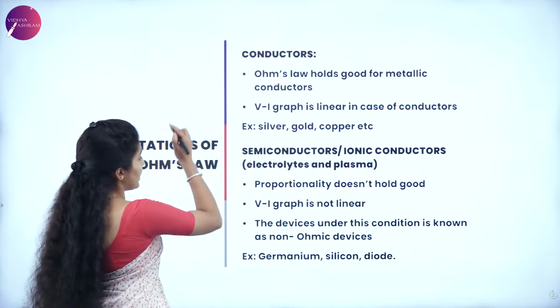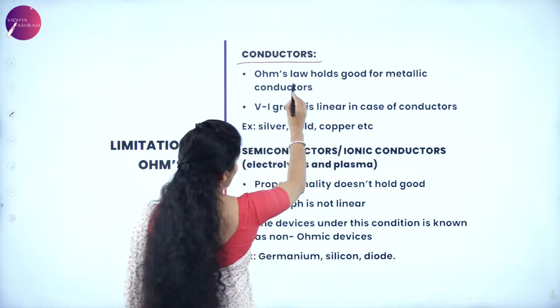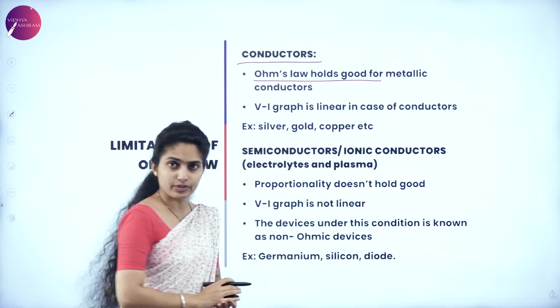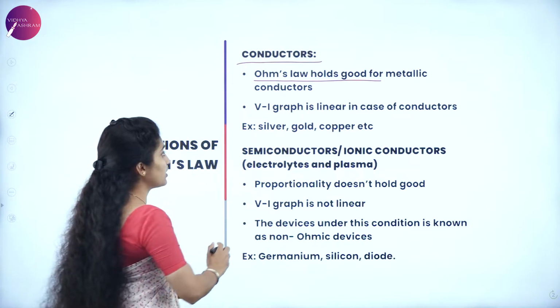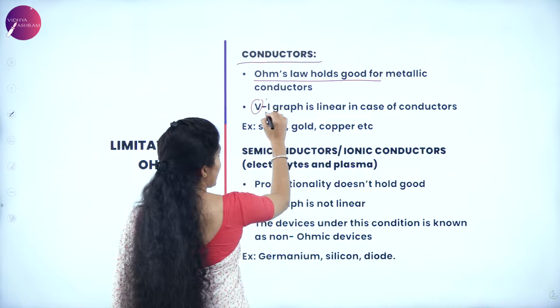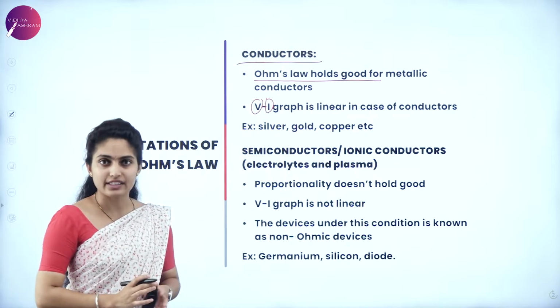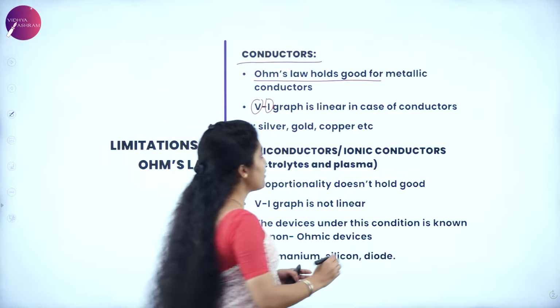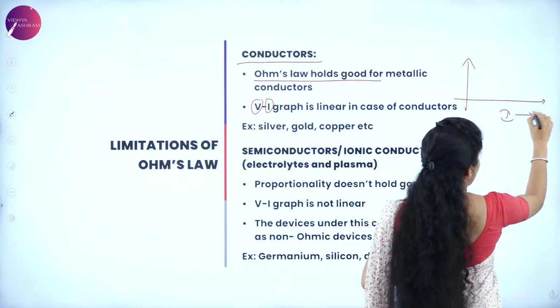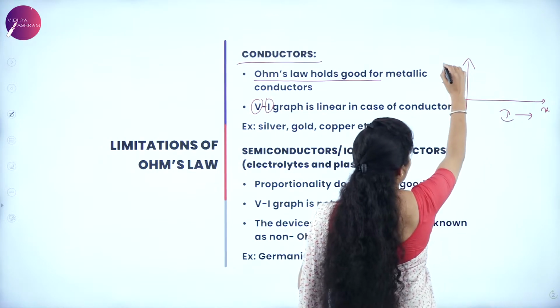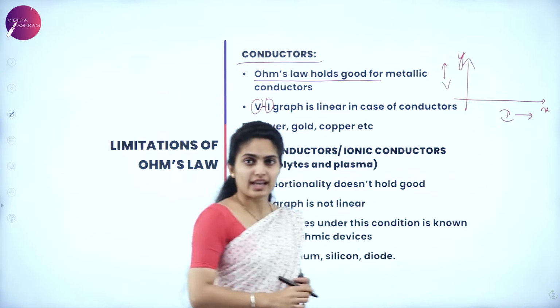See here, in case of conductors, Ohm's law is said to hold good. Ohm's law holds good for metallic conductors because the potential and the current graph is linear. That means we have a graph over here, with current on the x-axis and potential on the y-axis.